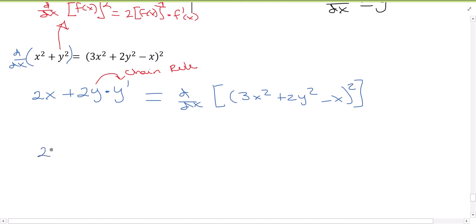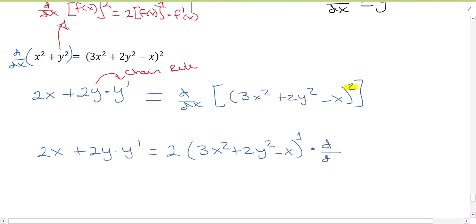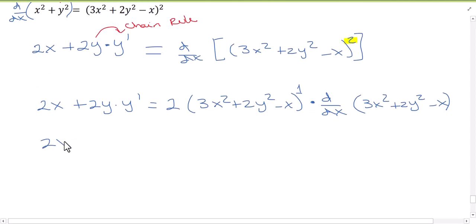So I'm going to have my left side 2x plus 2y y prime equals, now the derivative, the outside function here is the square, so I'm going to bring that to the front. So it's 2, the derivative of the inside left alone, to the 1, right? You decrease the power by 1, times the derivative of the inside with respect to x. So let me rewrite this.